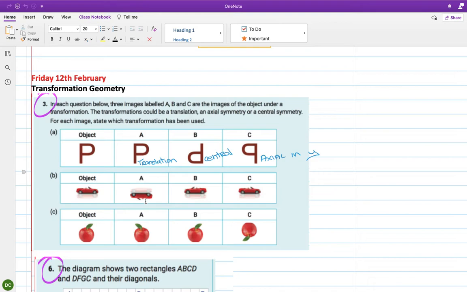In the next one, A is your central, upside down and back to front. B is your axial, and C is your translation. And then the last one, A is axial, B is the translation, and C is central.